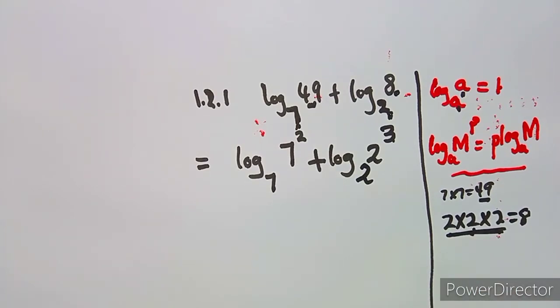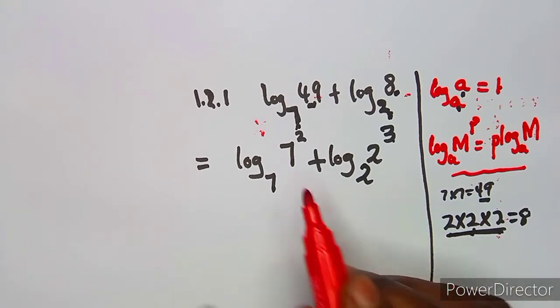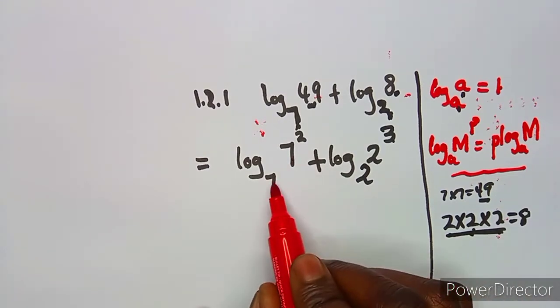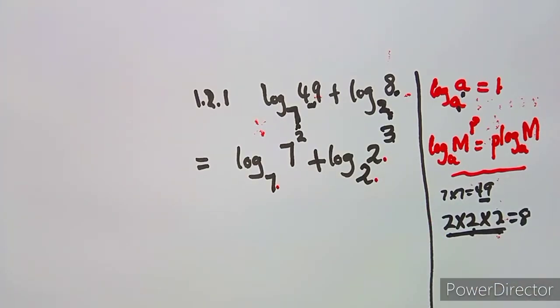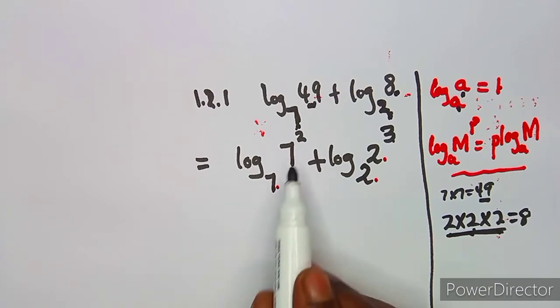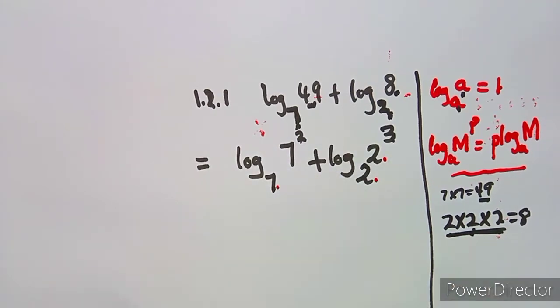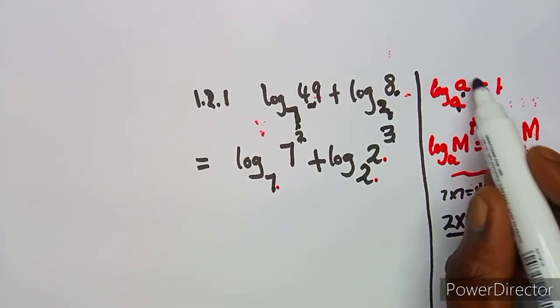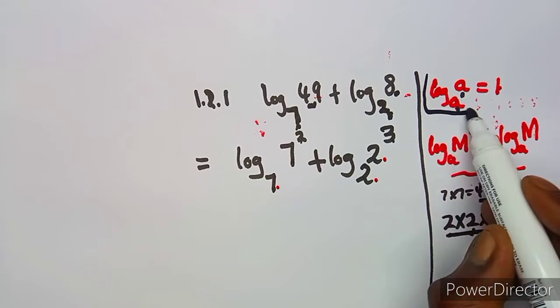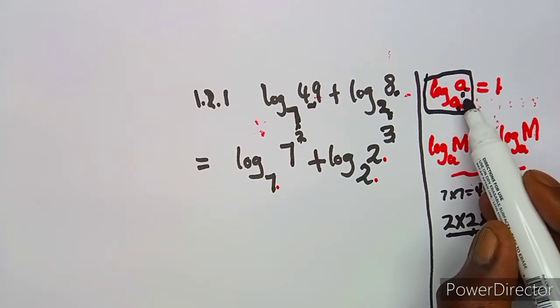So what we need here, guys, is to have this number and this number to be the same. That is what we need. But there is an exponent here. So we can't apply this law, because this law has no exponent given. It's supposed to be a direct number and a number.